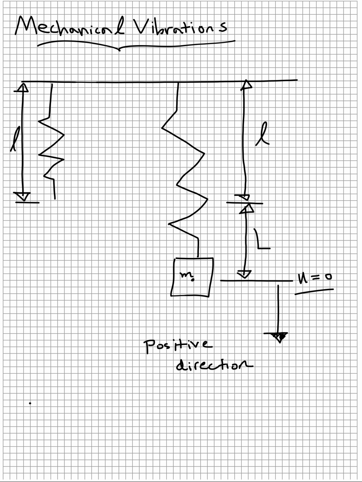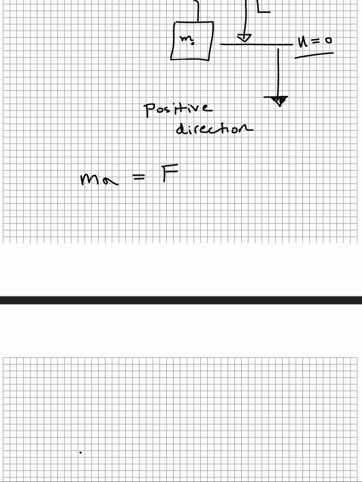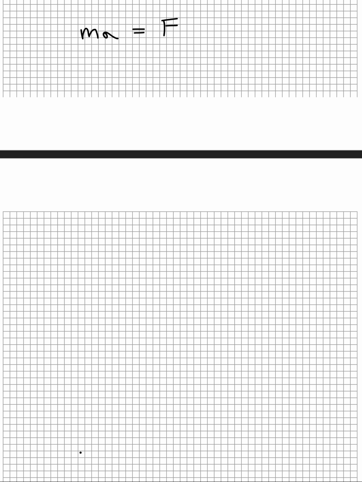To do this, first we recall Newton's second law of motion, which is ma equals capital F, or F equals ma. In this case, we will use the second derivative of the displacement u for the acceleration.